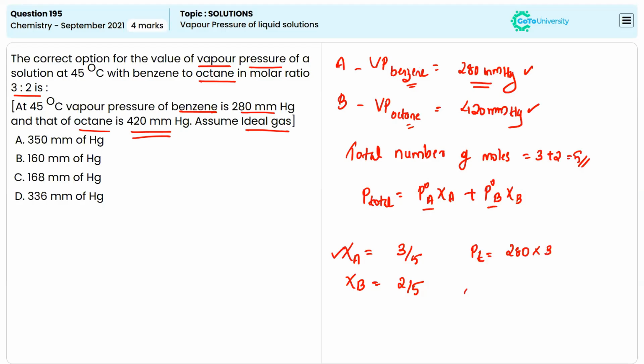So 280 times 3 by 5 plus 420 times 2 by 5, that will be 168 plus 168, the total will be 336 mm of mercury. So the correct answer is option D. This is how we are calculating the total pressure of the solution.